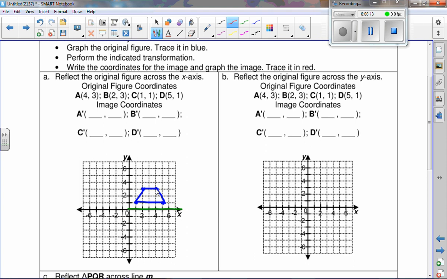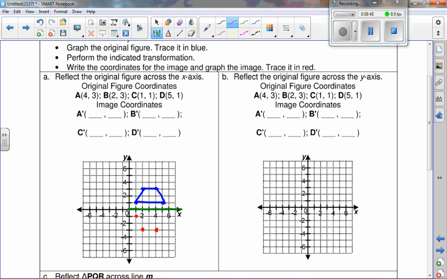So I'm going to look for my first point up there, A (4, 3), and make sure that the x is still going to be 4, but instead of going up 3, I should go down 3 from the x-axis. And then on my point B, I'm still going to go over 2, but I'm going to go down 3. And then for C, I'm still going to go over 1, but instead of going up 1, I will go down 1.